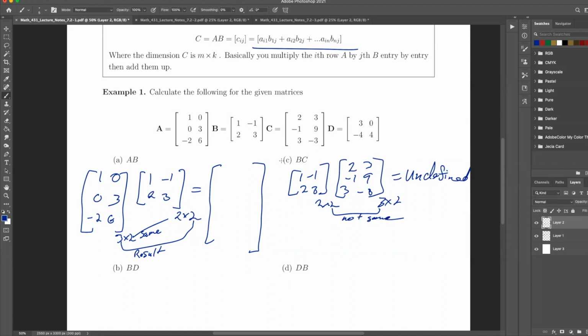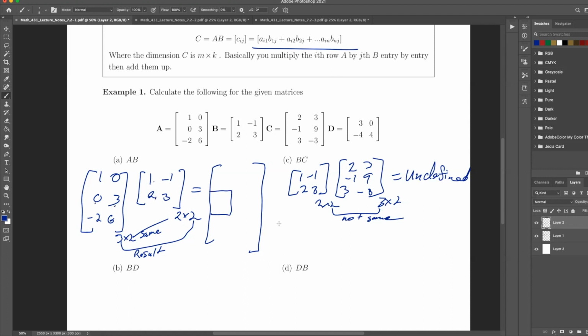All right, so let me actually do this entry right here. I'm going to do an entry in the middle on purpose. In order to figure out what this entry is, I'm going to multiply the second row by the first column.